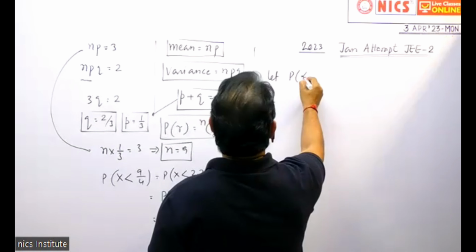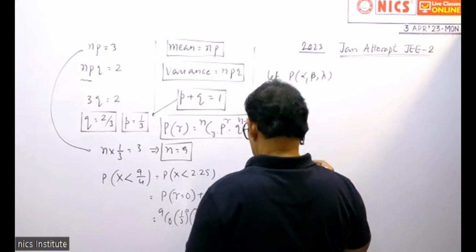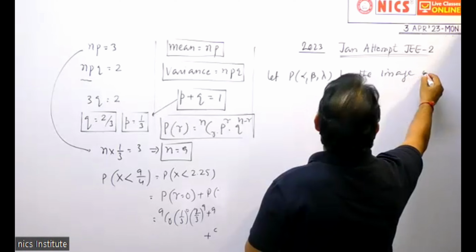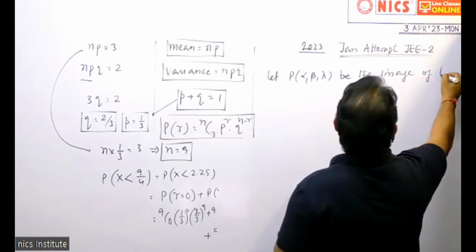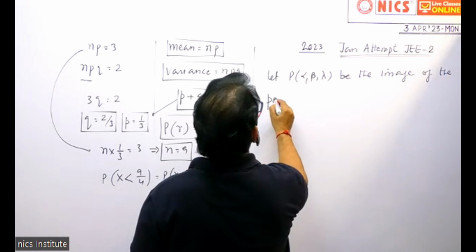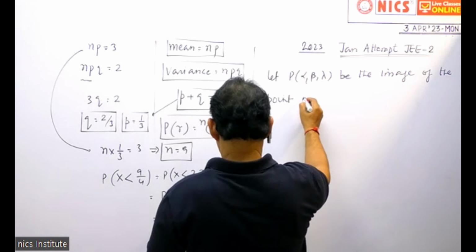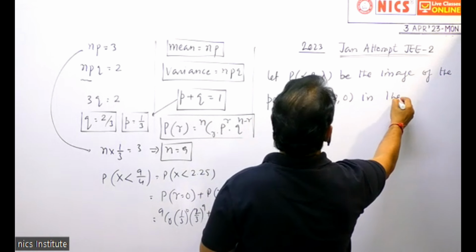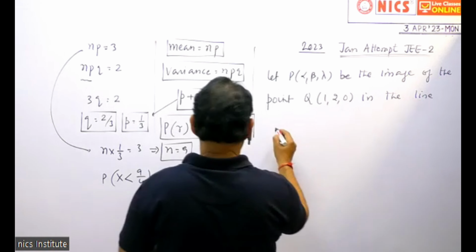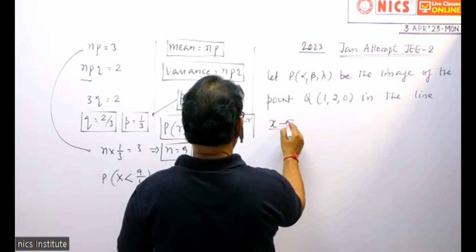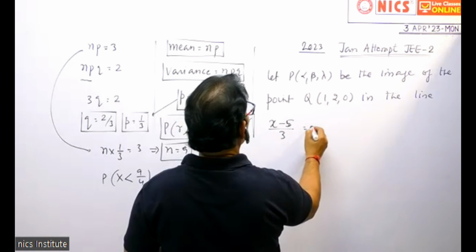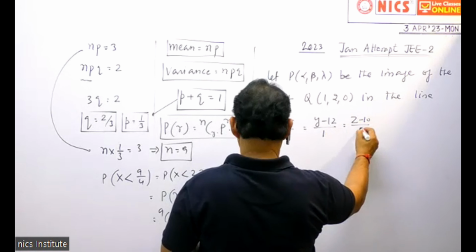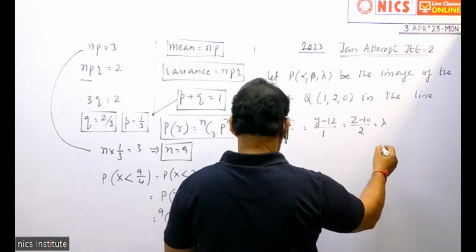Let P be alpha, beta, lambda, the image of the point Q, which is 1, 2, 0, in the line (x minus 5) divided by 3, (y minus 12) by 1, (z minus 10) by 2 equal to lambda.